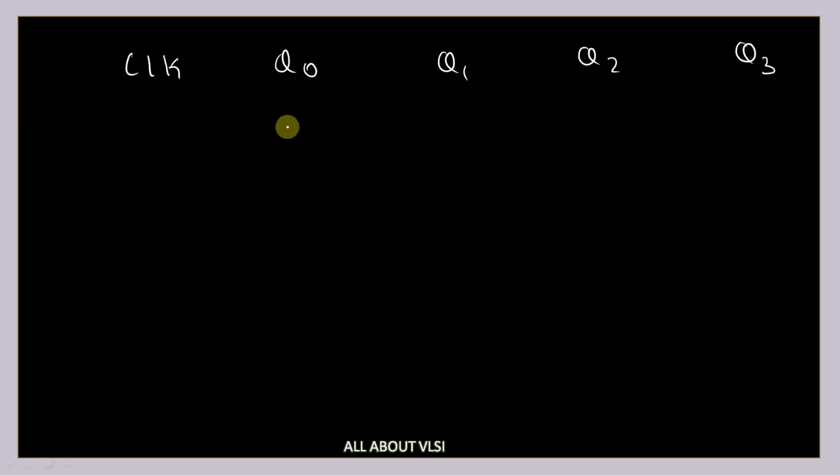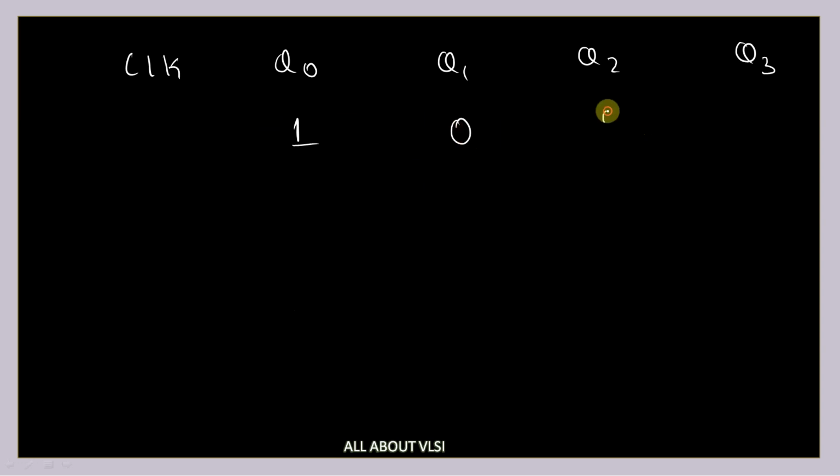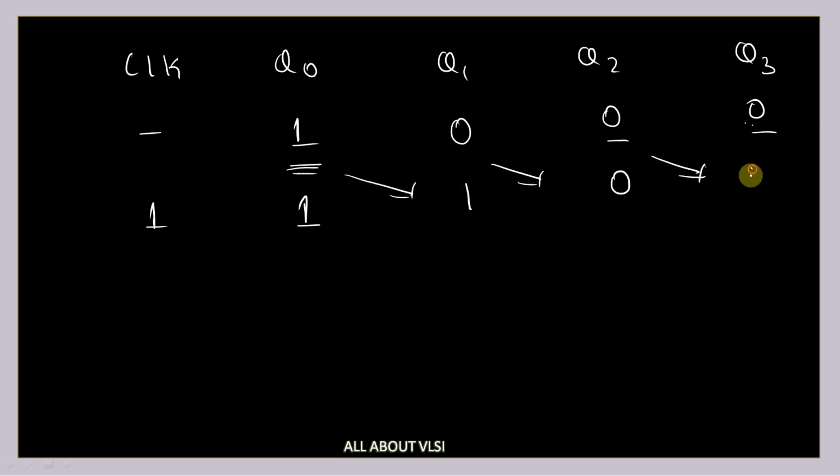Initially the value of Q0 is equal to 1 followed by all zeros. Now let's see, at the first clock pulse, the value of Q0 is the XOR operation between these 3 bits: 0 XOR 0 is 0, XOR 1 is equal to 1, and this will be shifted over here, 0 and 0.